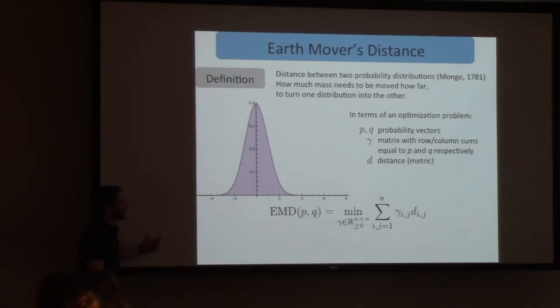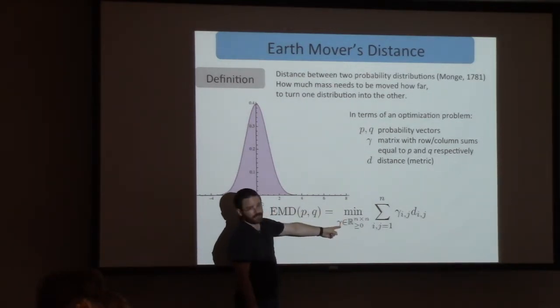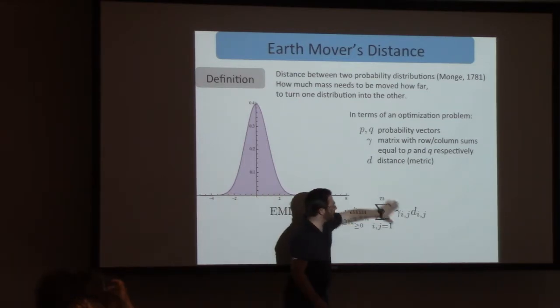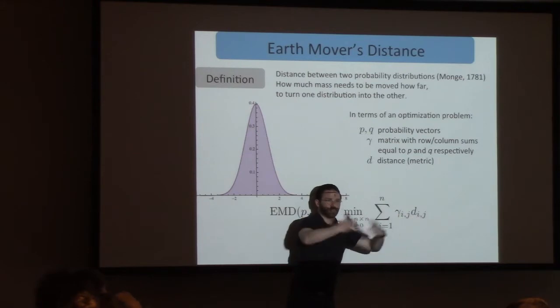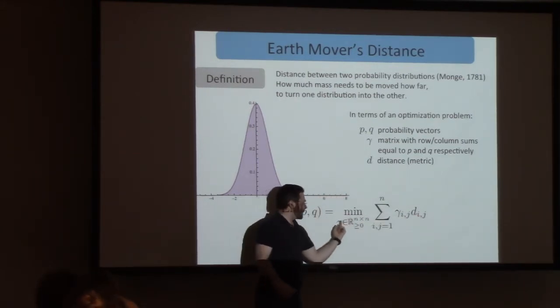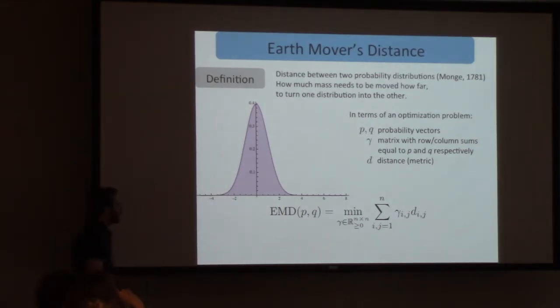Then Earth mover's distance is going to be the minimum over all these matrices with row sums P and column sums Q. This is not a matrix multiplication right here. This is a Hadamard product. Basically, you take this matrix, you take your distance matrix, you stick them on top of each other by multiplying, and they just add everything up. Think about this as an expectation with respect to this joint distribution here, if you like thinking about it like that.